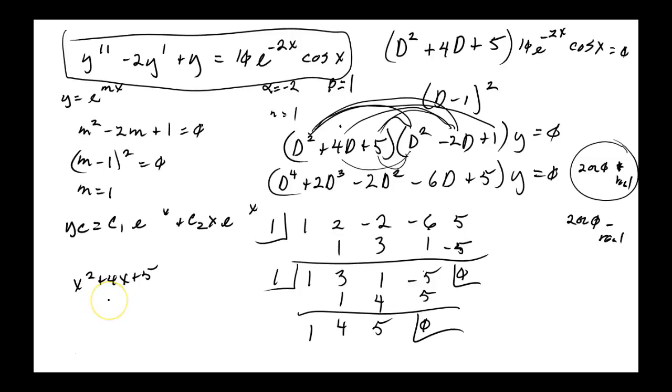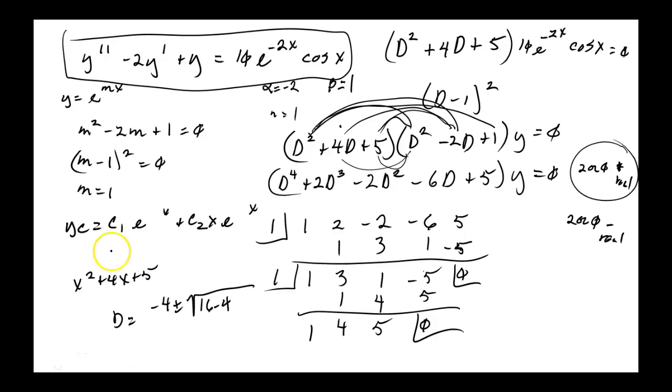And I put x, they really are d's, but let's go back to d. d is equal to minus 4 plus or minus the square root of 16 minus 4 times 5. So this is, and that's basically all over 2.